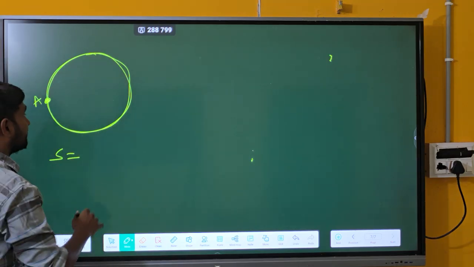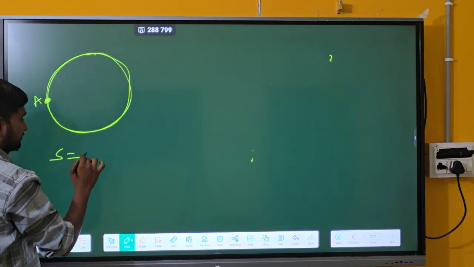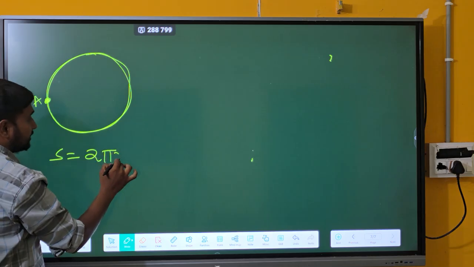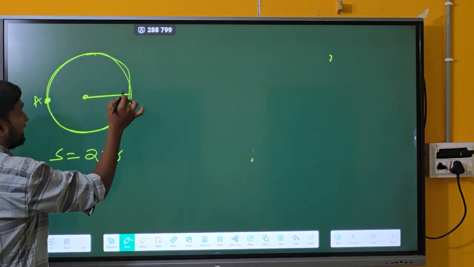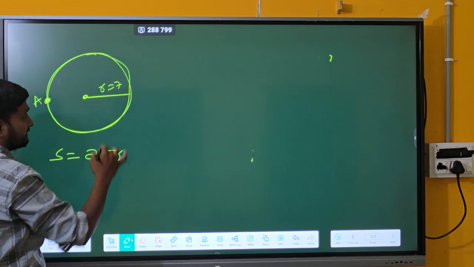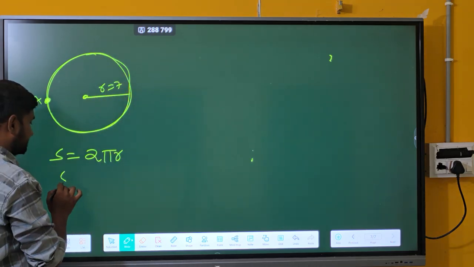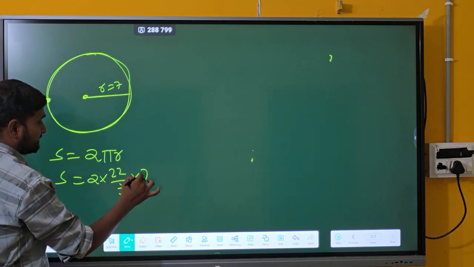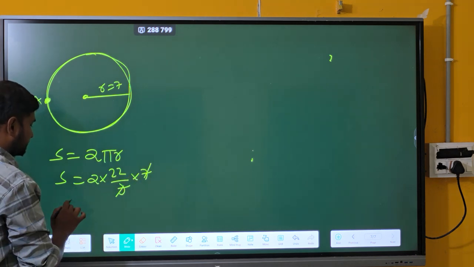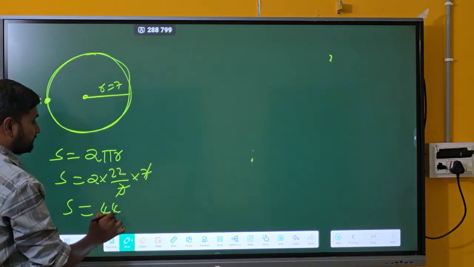The circumference of the circle, which is 2 pi r. For example, the radius of the circle is r equal to 7. When r equal to 7, then s equal to 2 into 22 by 7 into 7. The 7 gets cancelled, so s equal to 44 meters.